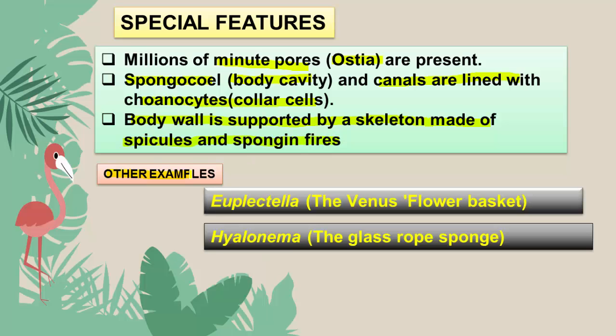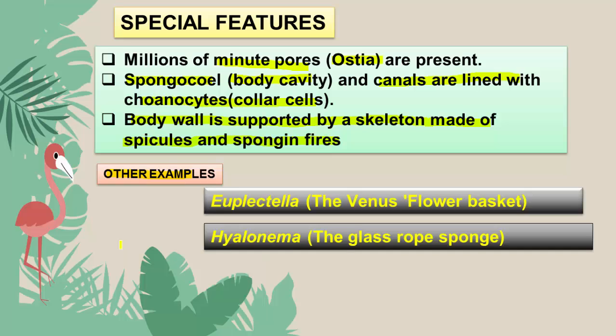The other examples are Euplectella. This is called Venus flower basket, and it is used as a gift item in Japan. Hyalonema is called glass rope sponge. It is used as a decorative material. So these two also belong to the phylum Porifera. So these are the characters with respect to the study of phylum Porifera.